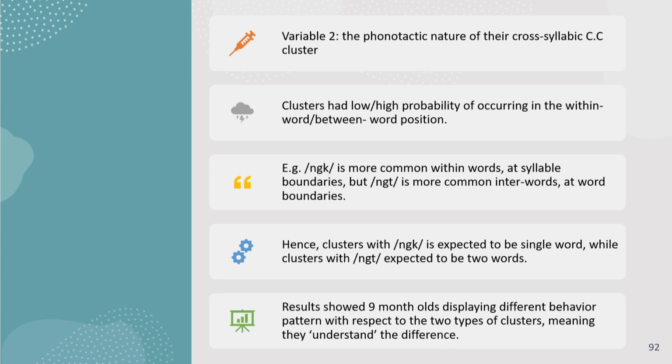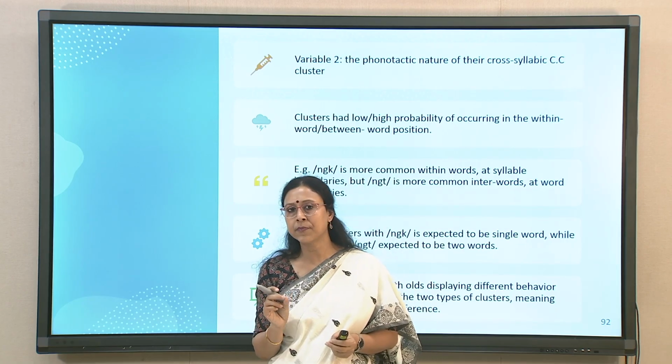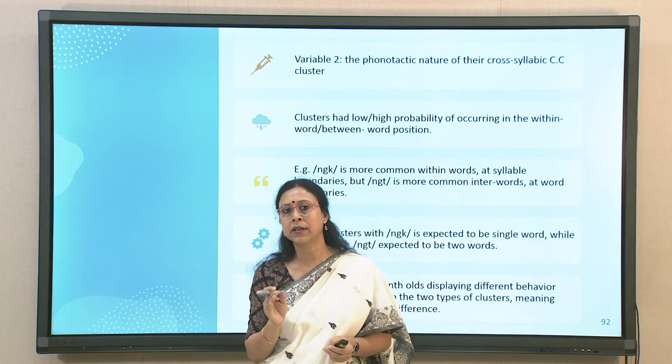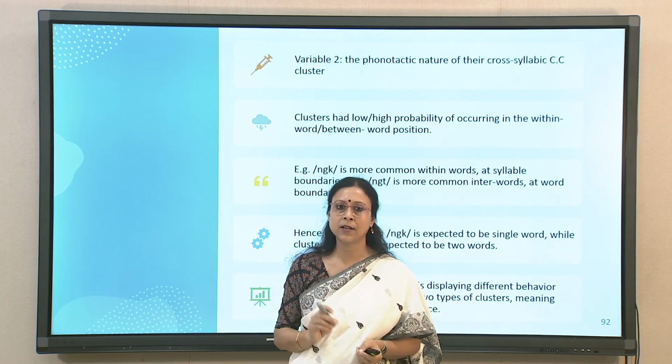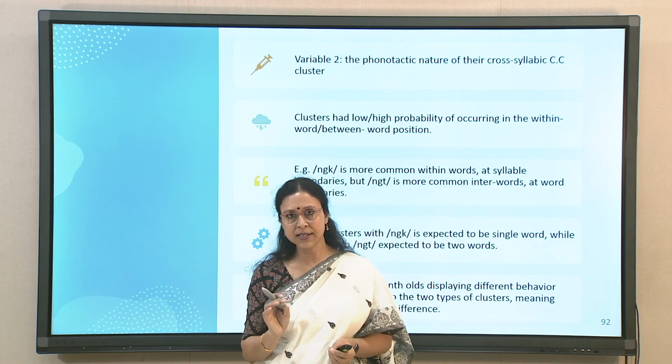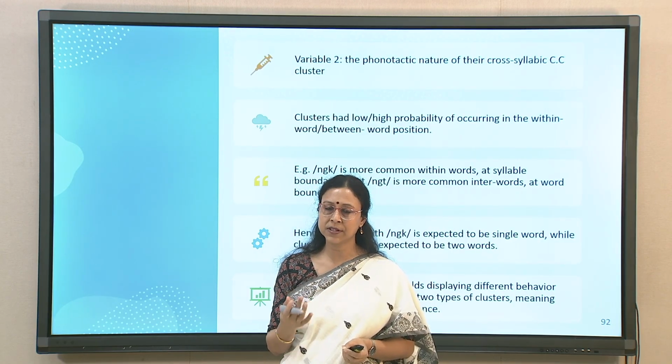So, if you hear an NGK cluster, that means it is a single word. However, if you hear an NGT cluster, that means it is a boundary-marking cluster at the end of a word. This is how they manipulated the stimuli.